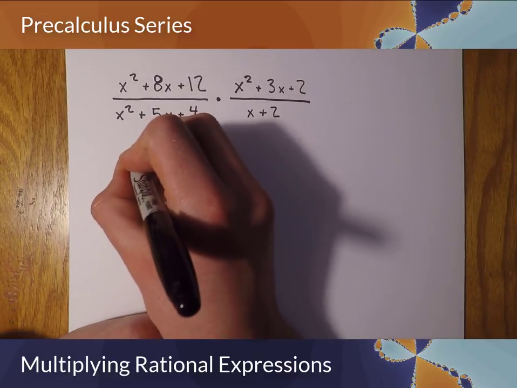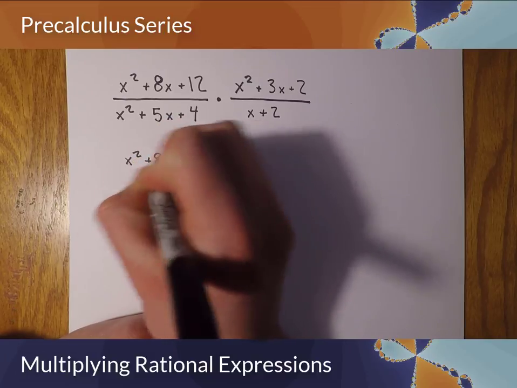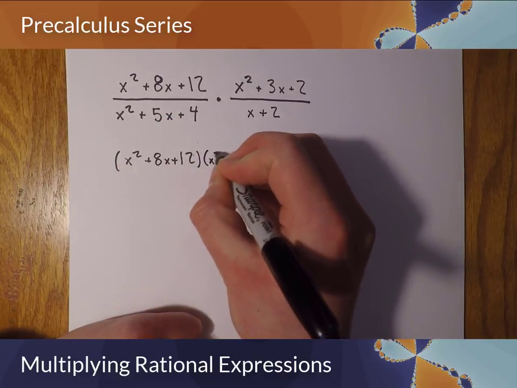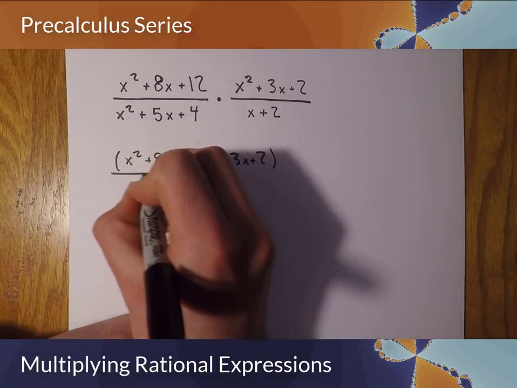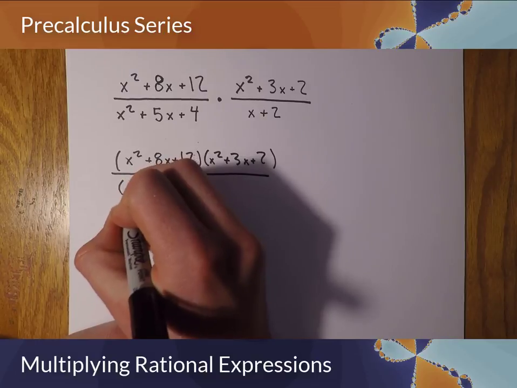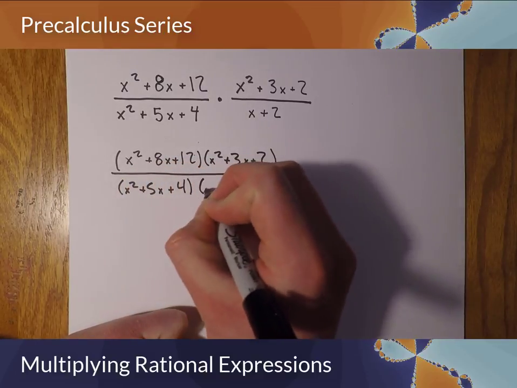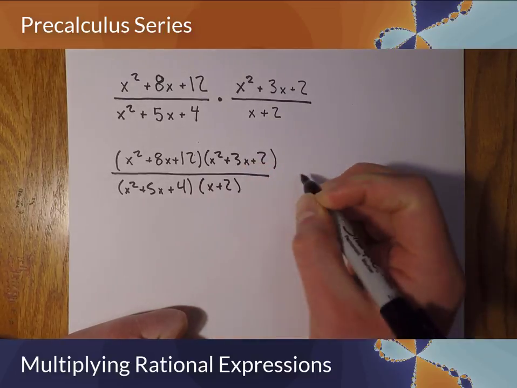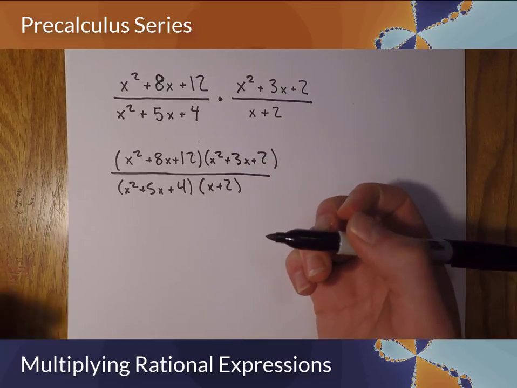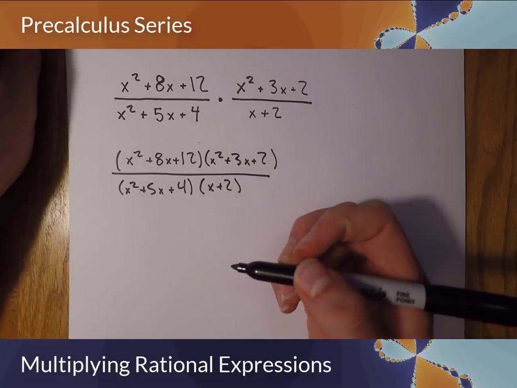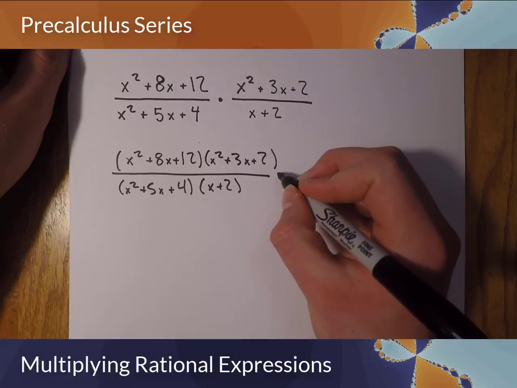So (x² + 8x + 12)(x² + 3x + 2) over (x² + 5x + 4)(x + 2) is your answer. However, this isn't really the most simplified form it can take. So what I would like to do now is simplify it.